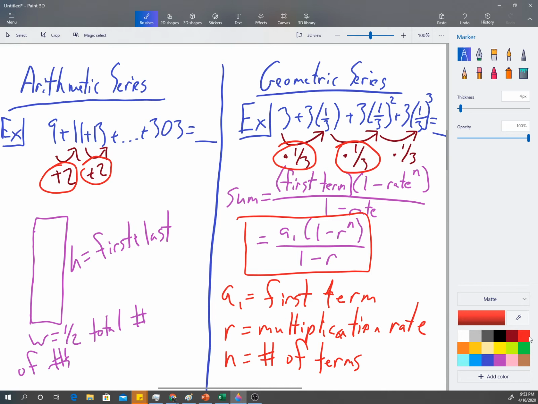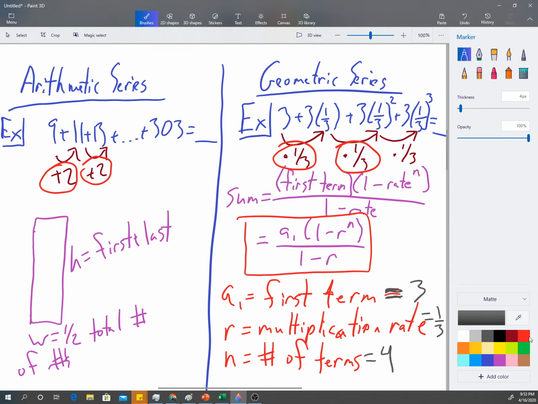So for this example, I have 3 plus 3 times 1/3 plus 3 times 1/3 squared plus 3 times 1/3 cubed. I can see that my first term is 3, and every time you multiply, you're multiplying by 1/3 over and over again. And just from counting out the terms, I have 4 terms here.